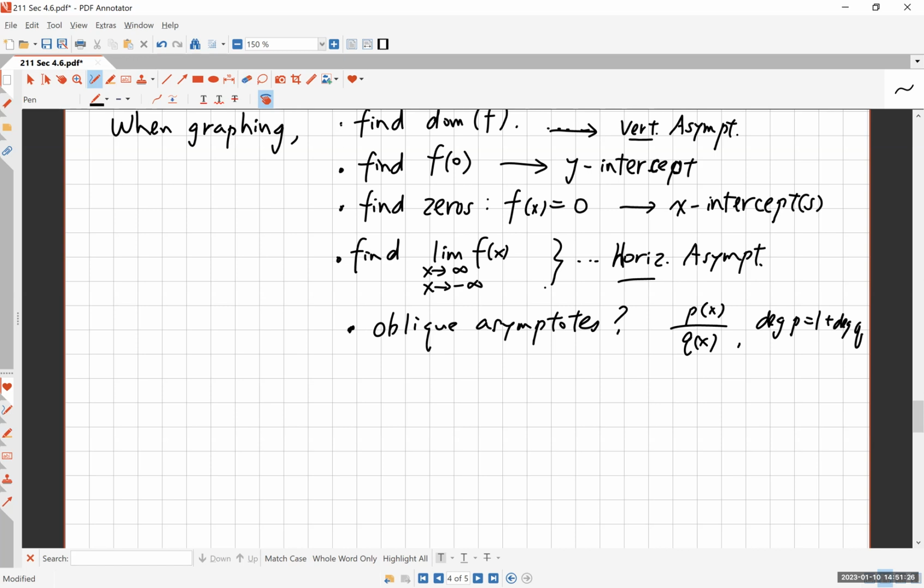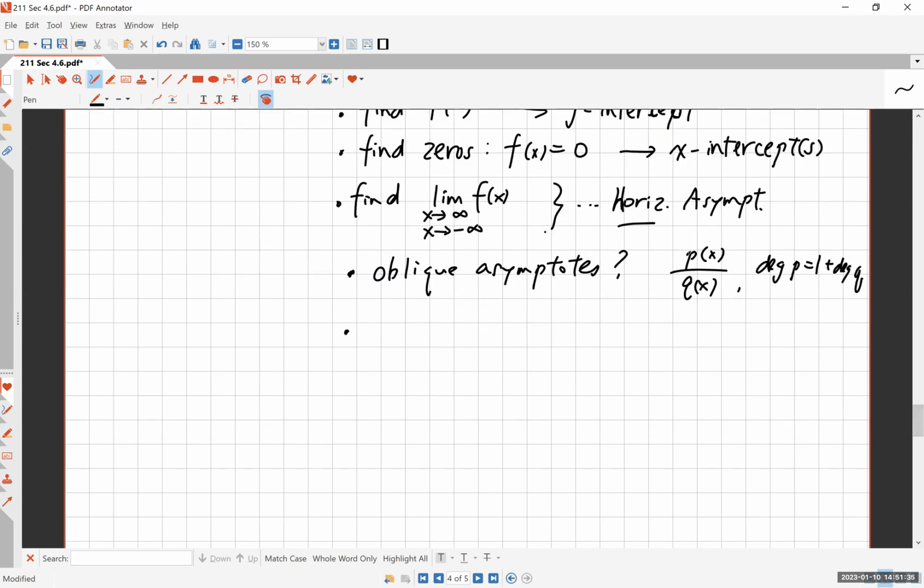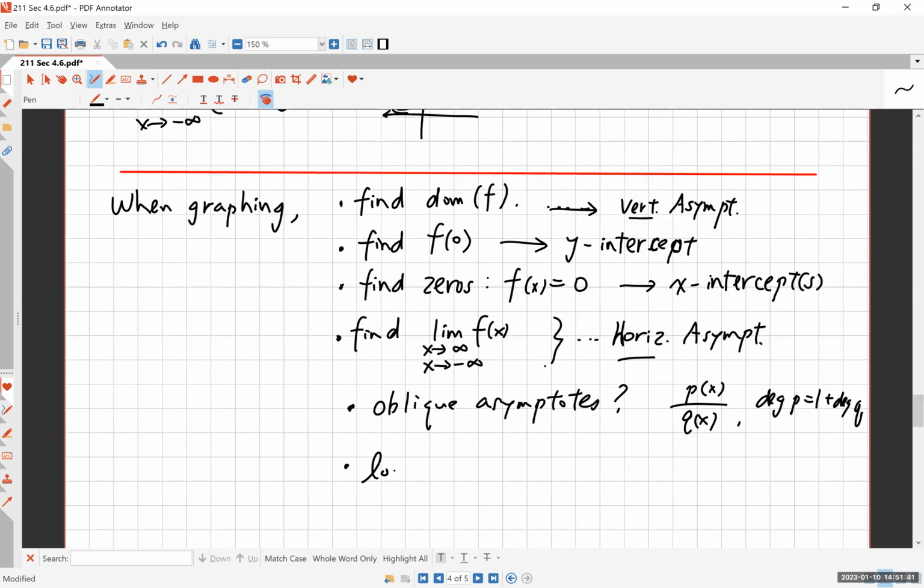And in that case, try to do long division of p divided by q and find the linear function that is the result of that division. All right, and then you can just do your calculus. So you can find local extrema, that's local maxima and local minima.